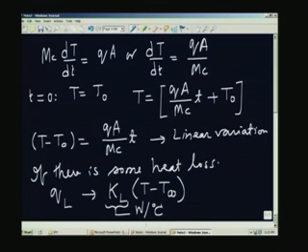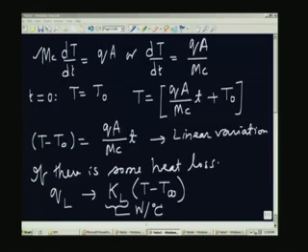Let us see what is the effect of this. So, for that, let us rewrite the equation. If you go back here, you will see that I had MC dT by dt equal to QA, but because there is a loss, I have to subtract from QA the loss part. So, the equation will change as shown in the next slide.